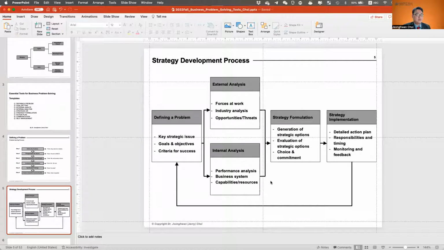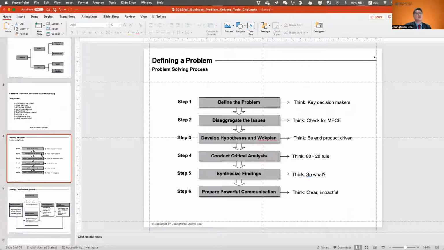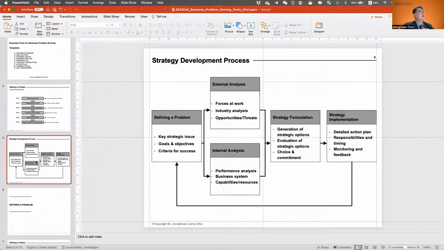You must be able to set up those kinds of competitive advantage in strategy formulation. And that competitive advantage must come from external analysis data and internal analysis output. We will learn about it. Don't worry. Good. That is what we have learned from the last class.